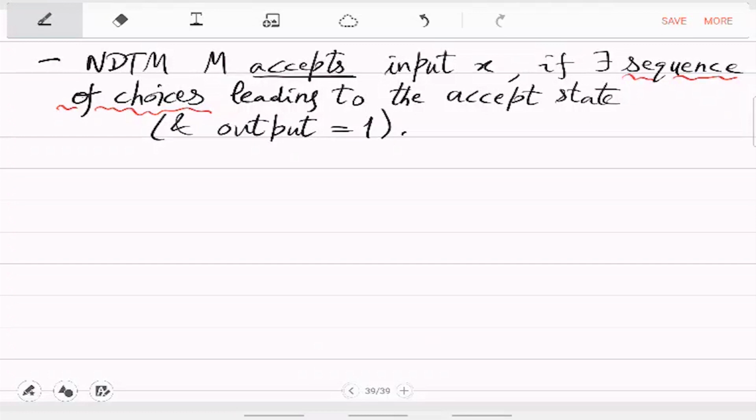And what is the negation of this? The negation is all paths reject.